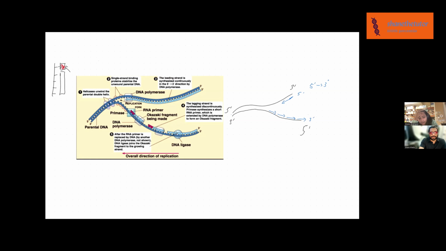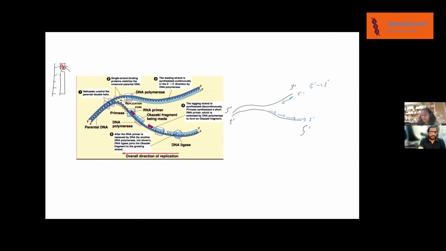So tell me about the significance of a 5 prime end and a 3 prime end. So the polymerase can only read upwards.